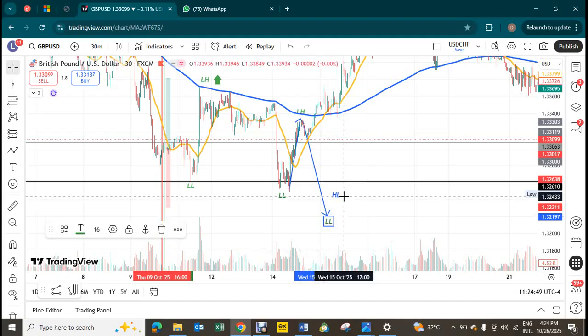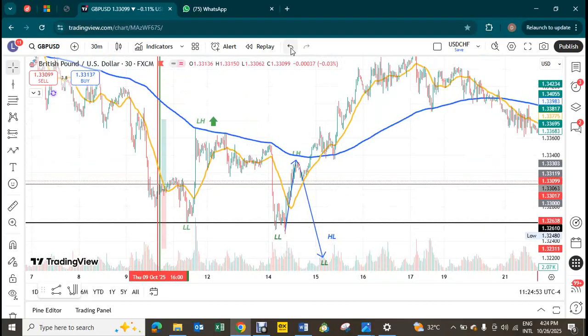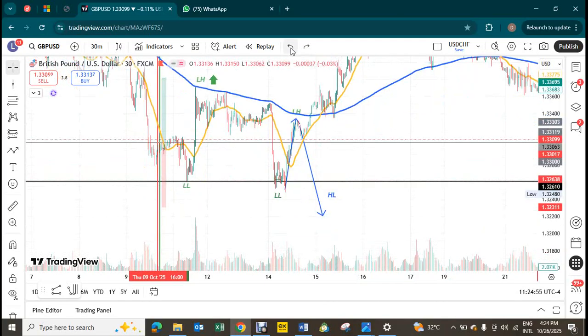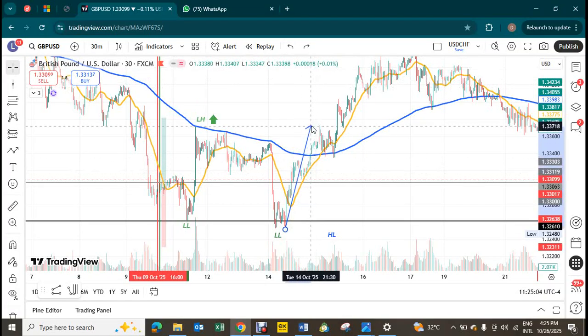But what happened was that price did not go down after it gave us this. Price went up higher.